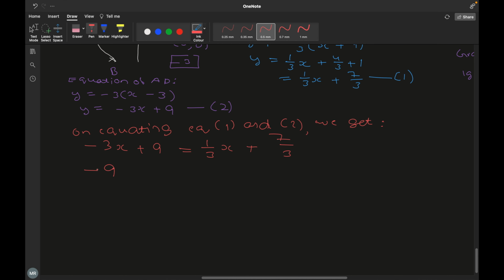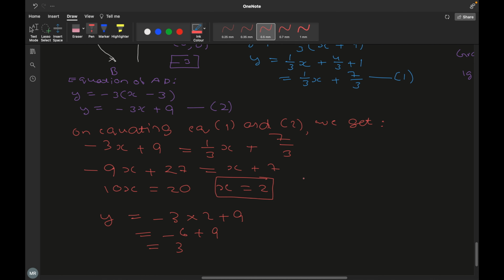That's negative 9x plus 27, which equals x plus 7. So 10x equals 20, which implies that x equals 2. When x equals 2, y equals negative 3 into 2 plus 9, which is negative 6 plus 9. That's 3. Therefore, D will be 2 comma 3.